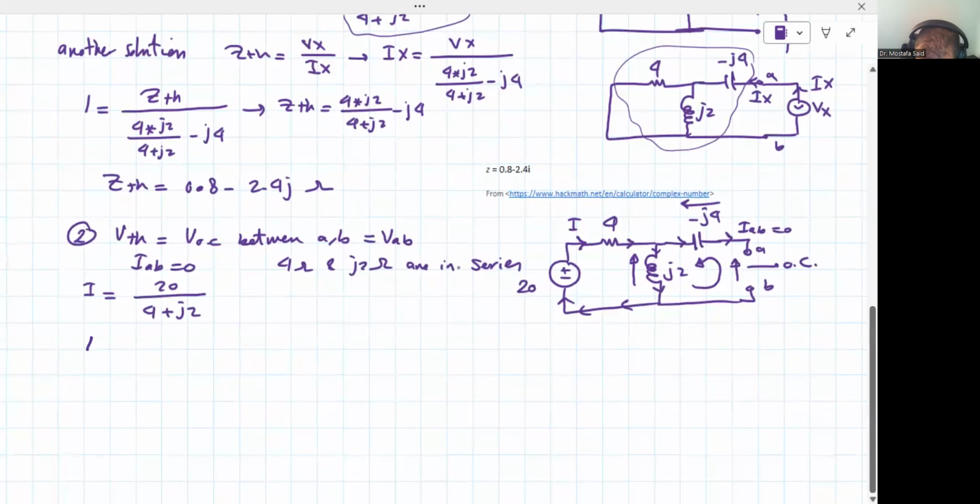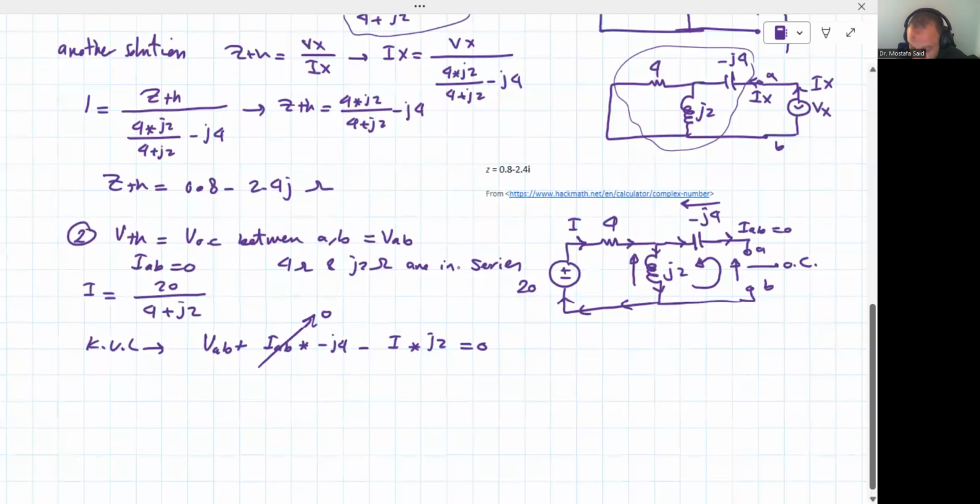KVL will give us VAB, which is V Thevenin, plus IAB multiplied by minus j4, that's the voltage across the capacitor, minus, because it's the opposite direction, the voltage across j2, which is the current I multiplied by j2. Remember, IAB is equal to 0 because between A and B there is an open circuit.